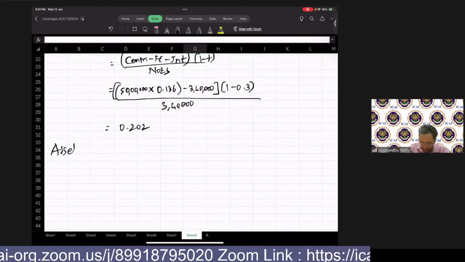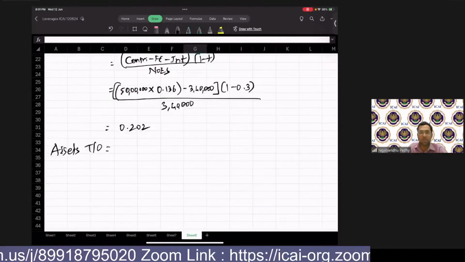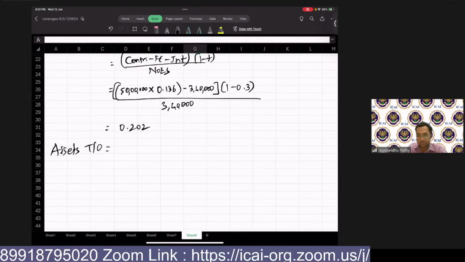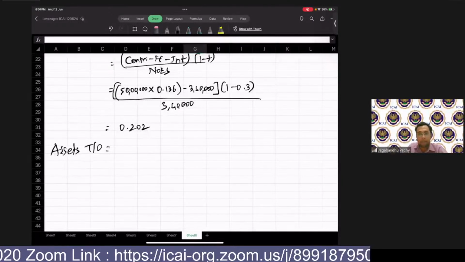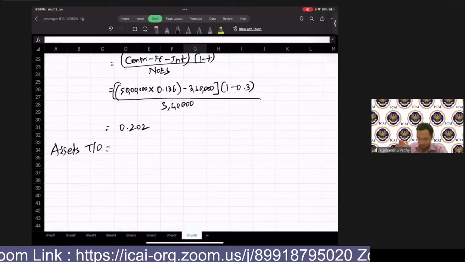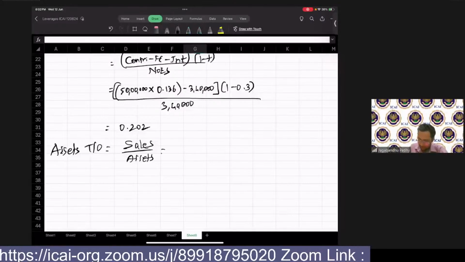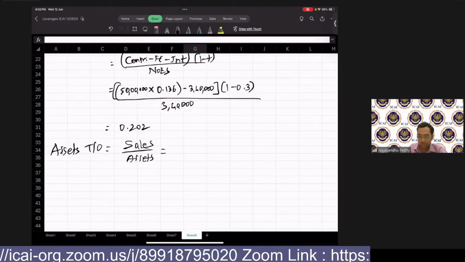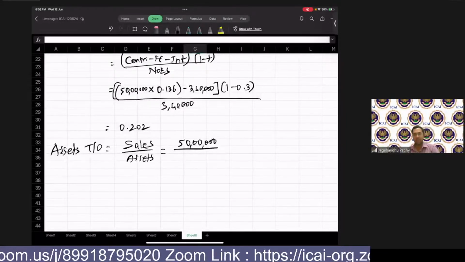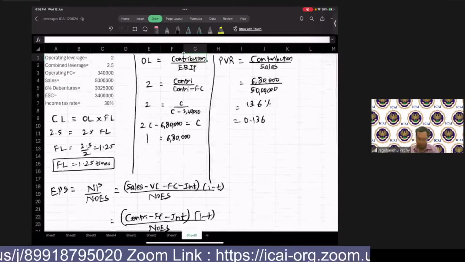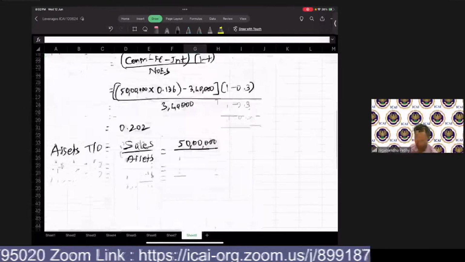Next, the question asks what the assets turnover is. We have seen assets turnover in the ratio analysis chapter also. Assets turnover is sales upon assets. Sales is 50 lakh, and total assets will be the same as total liabilities, which is the equity share capital and the debentures.